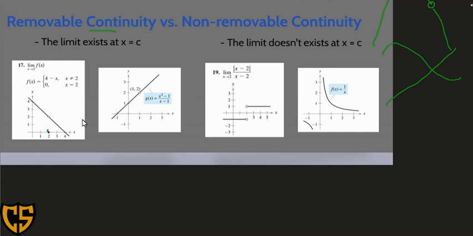So that will be a removable discontinuity.